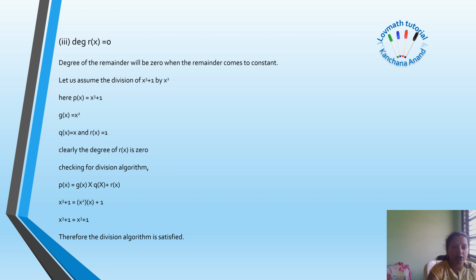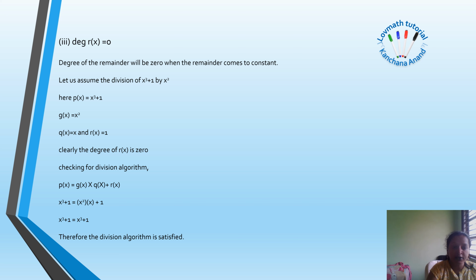Now let us solve the last part of this question and also the last part of this exercise, that is degree of the remainder should be equal to 0. That means degree of r of x is equal to 0. The degree of the remainder will be 0 only when the remainder is a constant, that is the remainder should be a number.